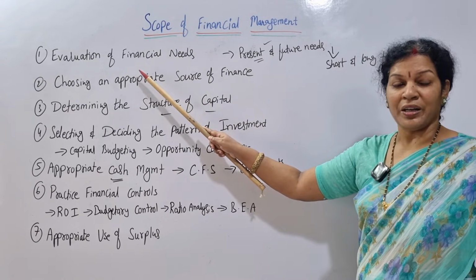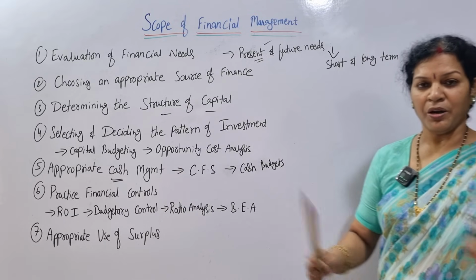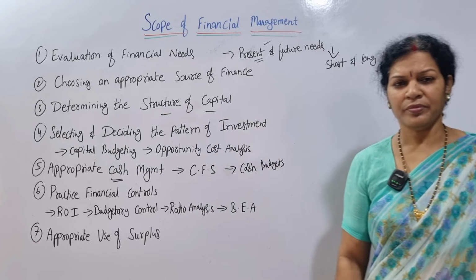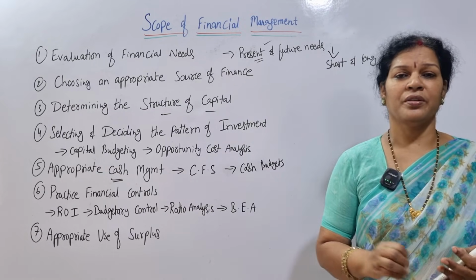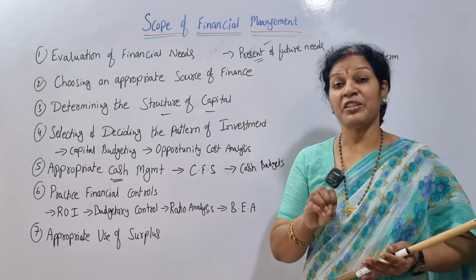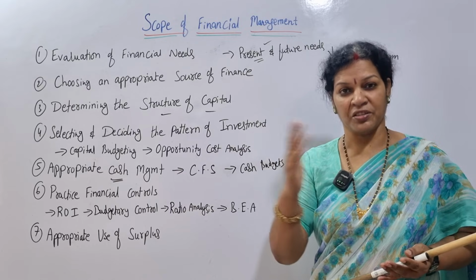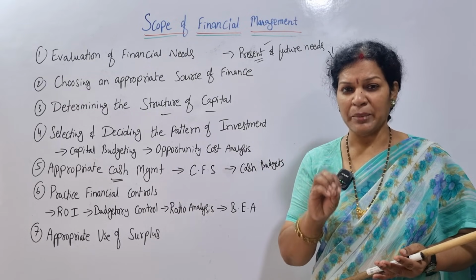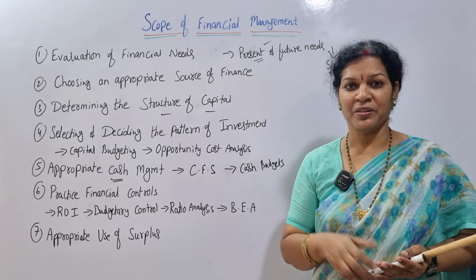Next, the last thing is appropriate use of surplus. We have acquired appropriate funds, and we know how to invest also. Everything is okay, but sometimes you'll have surplus. Say I thought 5 crores of investment is required. So I have raised 5 crores of funds, but at present in my business I am using only 4 crores. What about this 1 crore?